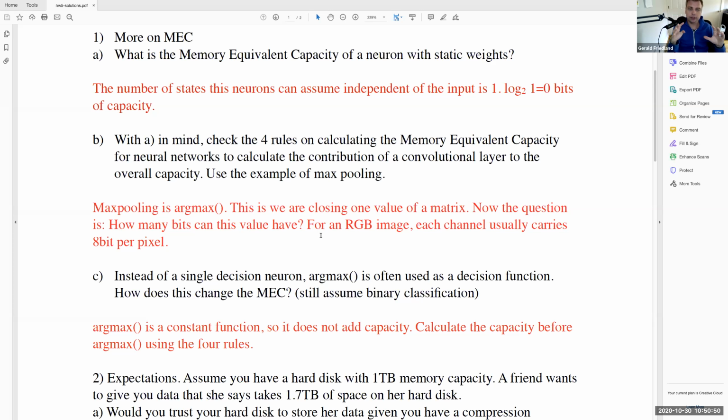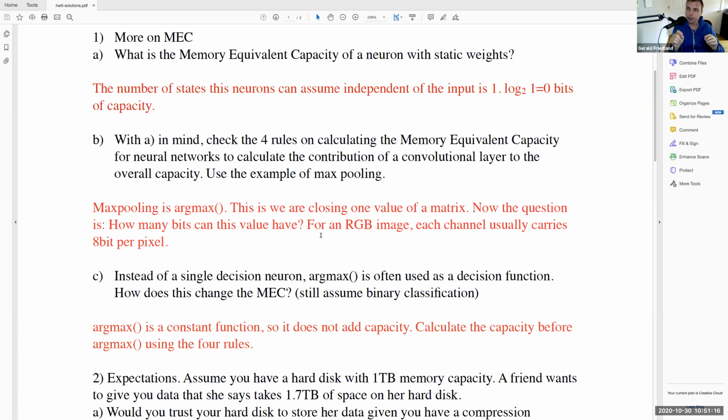So whatever matrix you have, let's say it's an 8 times 8 times 8-bit matrix, then it would be 64 times 8. But if you now choose 1, then the maximum that comes out of there is 8-bit. So you have a quantization from 64 times 8-bit to 8-bit.